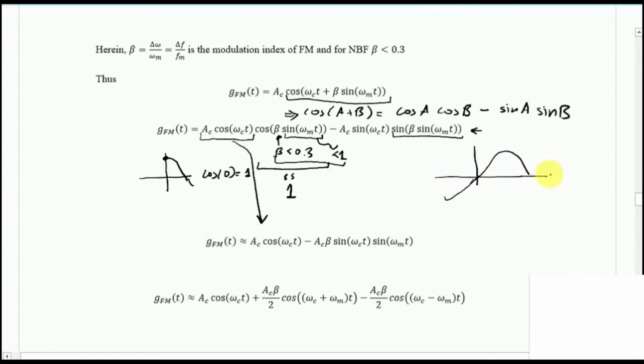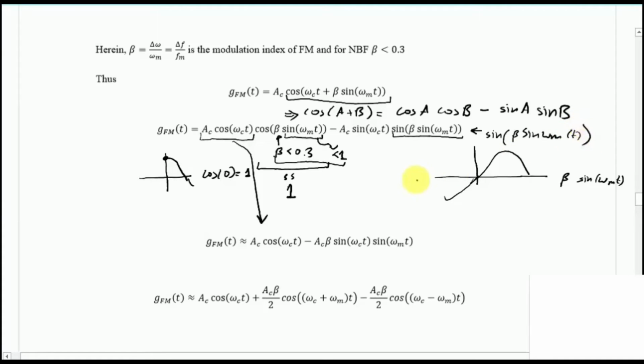If the x-axis is β sin ω_m t, and this is sine of it.